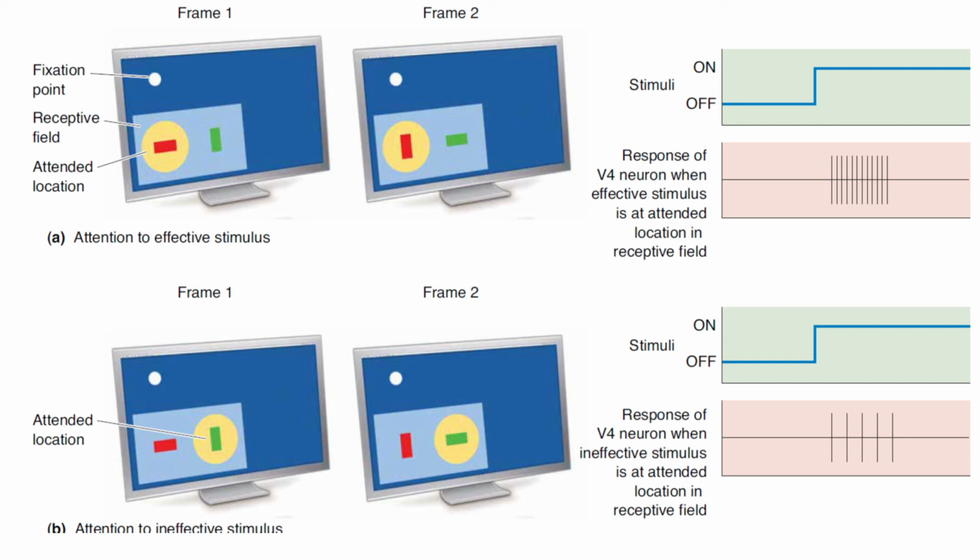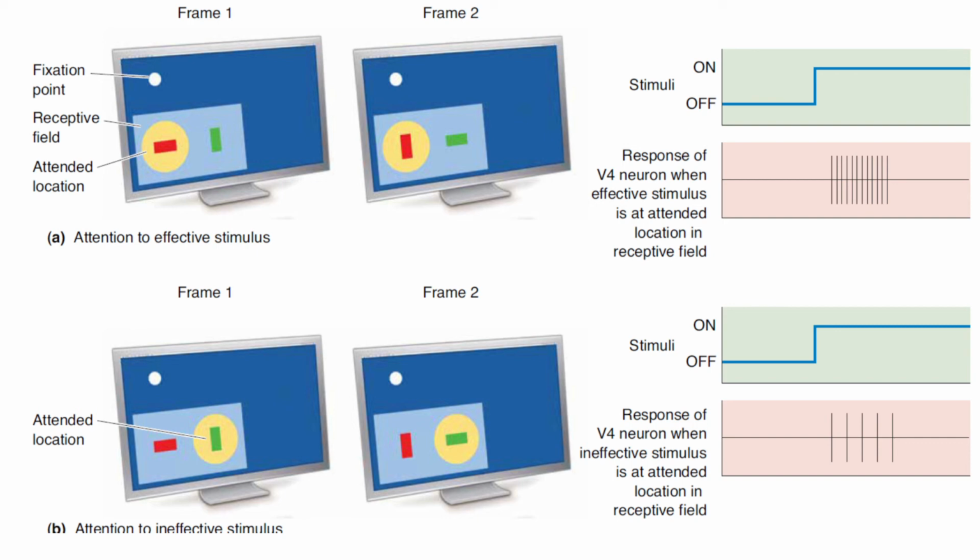And again they found that in this case not only did they find the receptive field, but also that one of these two stimuli, either the red or the green, is preferred by the neuron. So the neuron responds strongly to one of these stimuli. In this case it's the red bar.